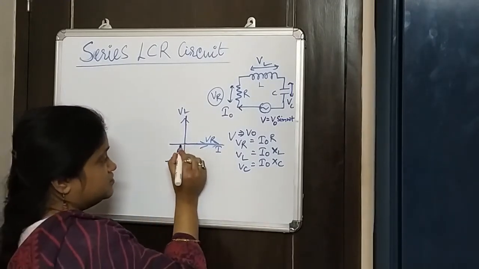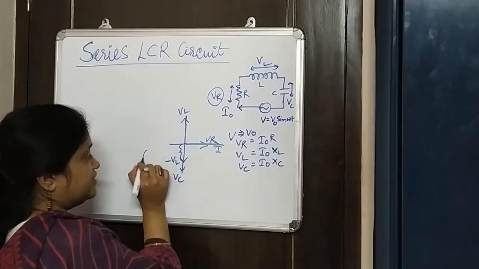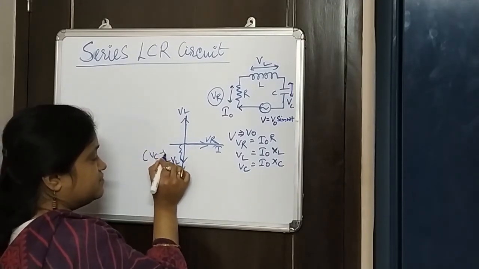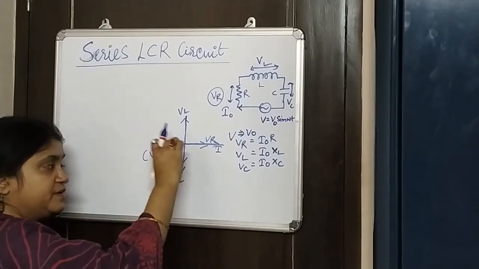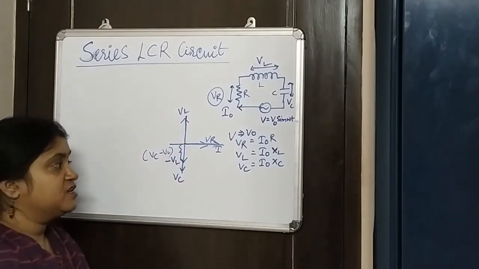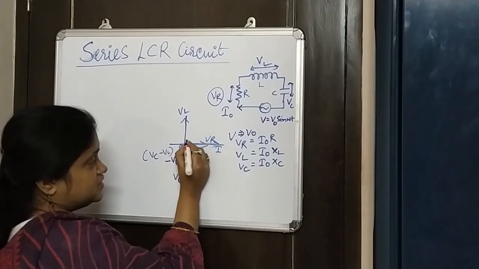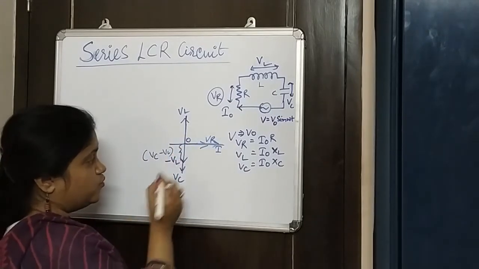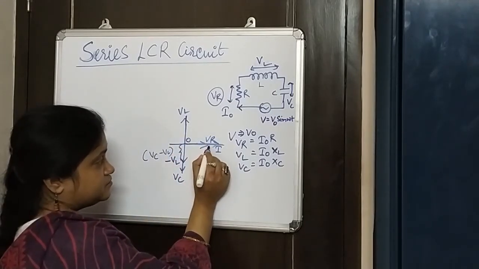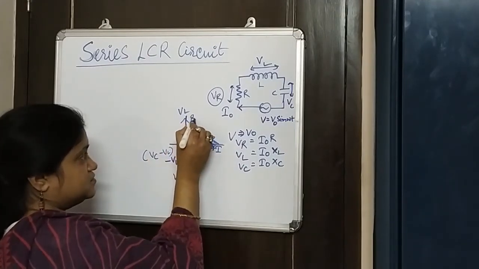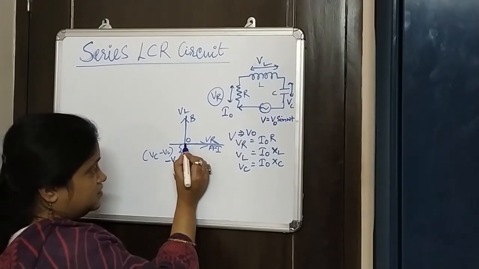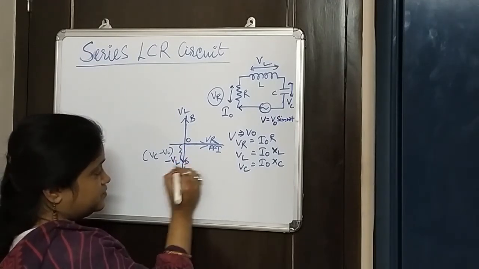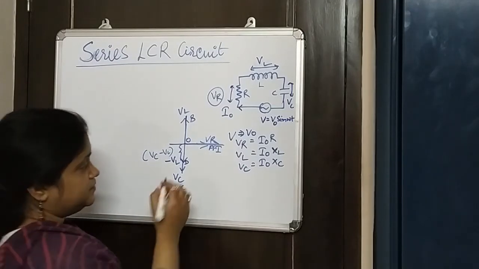Then this part we can write as VC minus VL. So this part becomes VC minus VL. Let's say this is O, this is A, this is B, this is C, and this particular place is D.